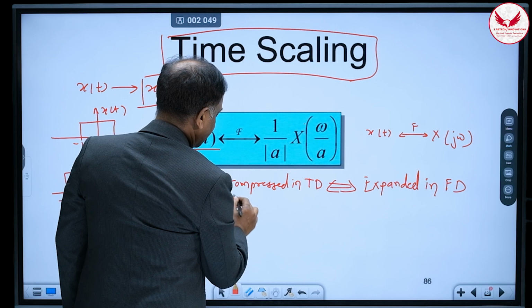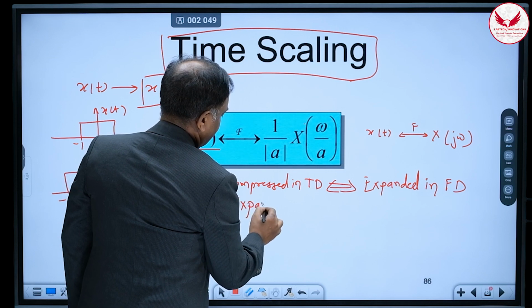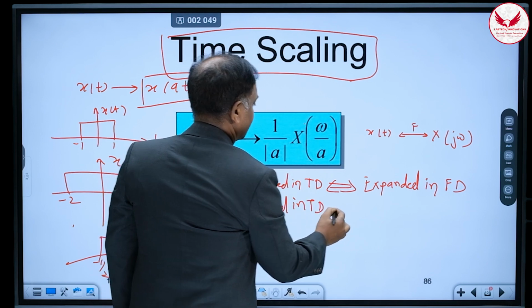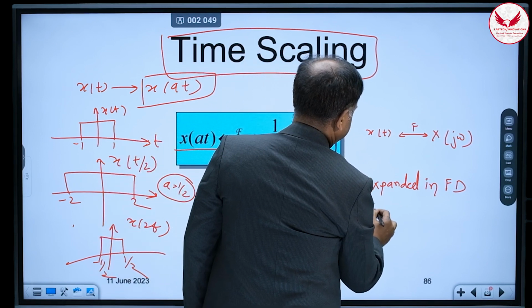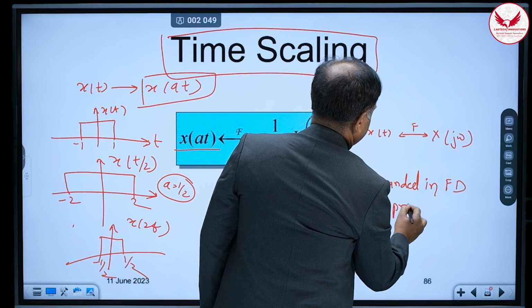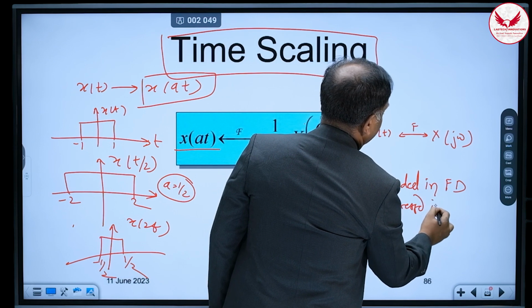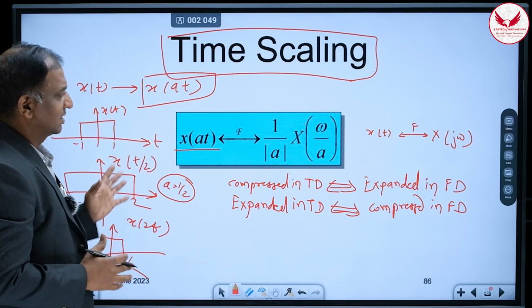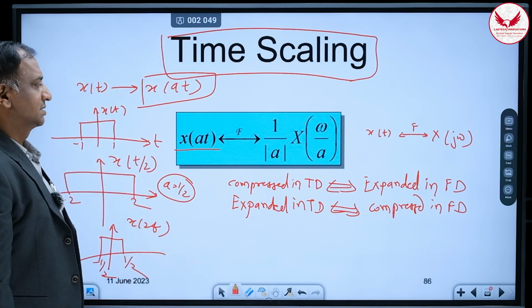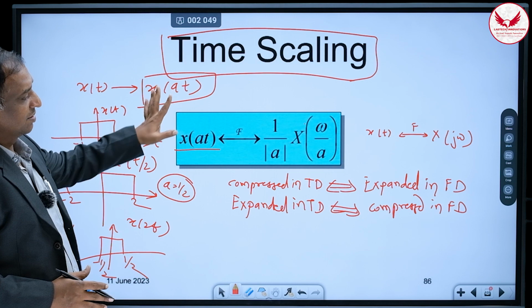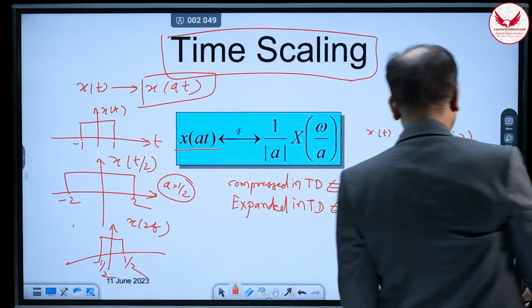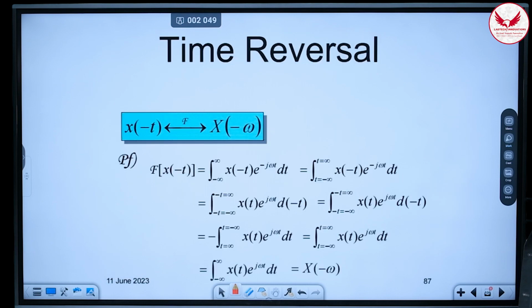When it is expanded in the time domain, it is compressed in the frequency domain. If you perform some operation in the time domain, different operations will get performed in the frequency domain. Just remember this, and accordingly we can find the Fourier transform of any complex signal. So this is the time scaling property.